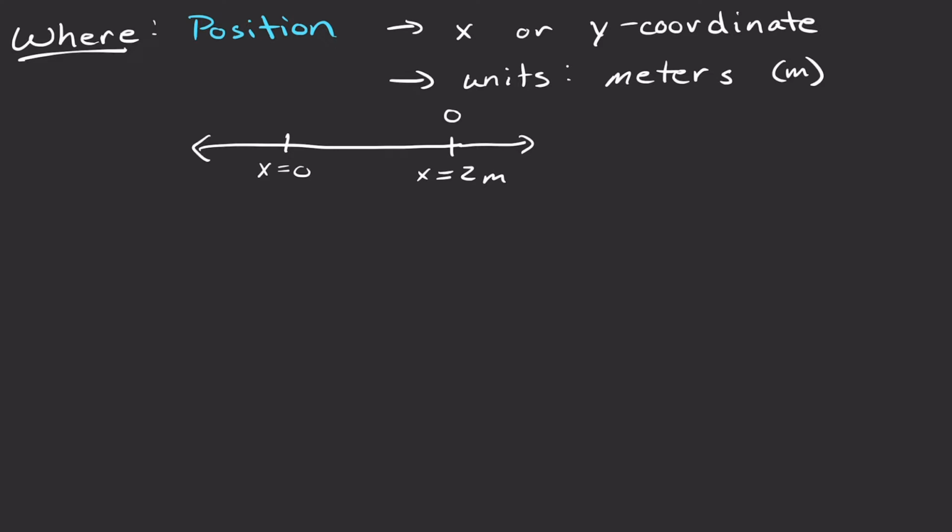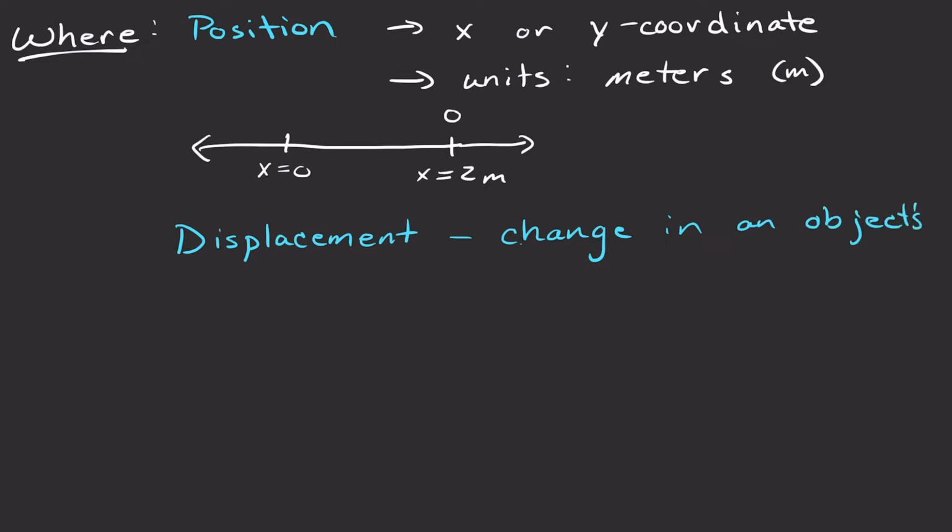And by itself, the position of an object is not very interesting. What we really want is to get to the notion of displacement, which is the change in an object's motion. Or not motion, change in the object's position. So the object is in motion or has been in motion, and so its position has changed.